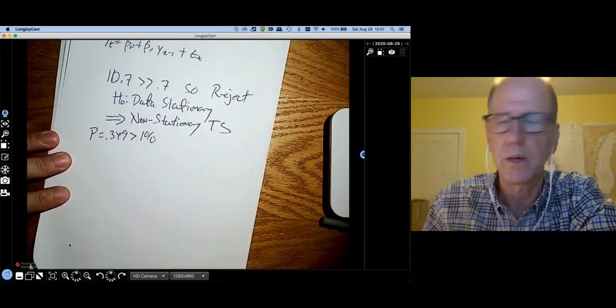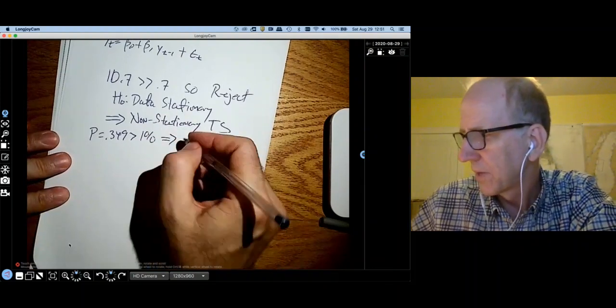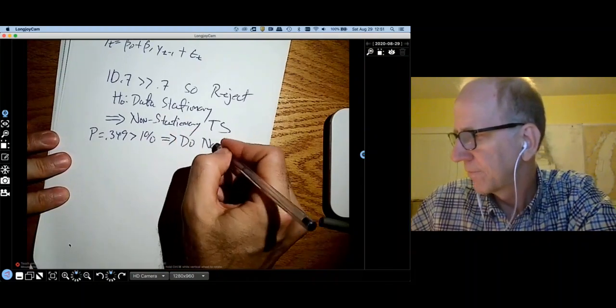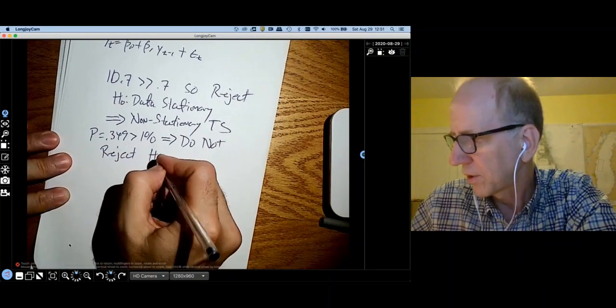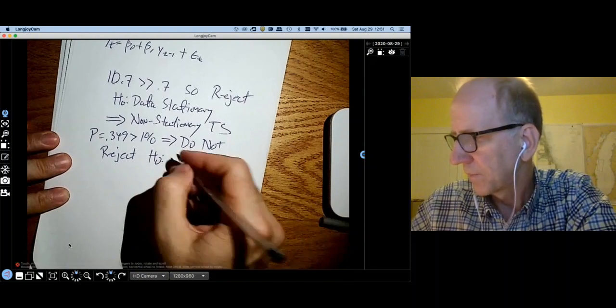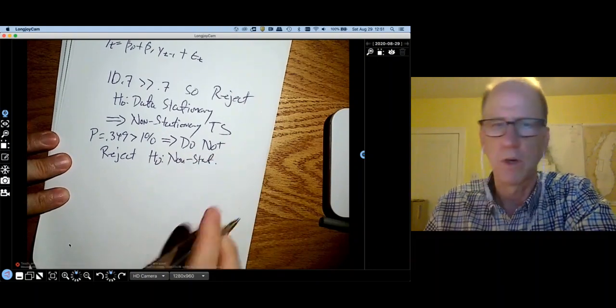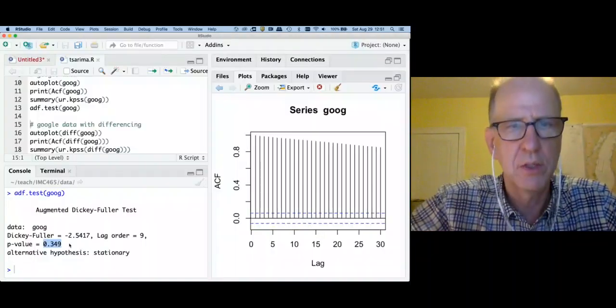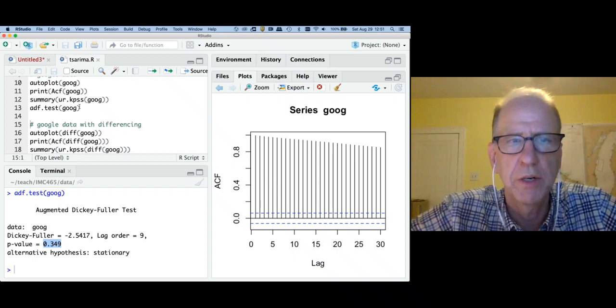We use the 1% cutoff since I used that up here. This is telling us do not reject H naught, non-stationary. So I cannot reject the null hypothesis. Therefore, I would conclude that I probably have some non-stationarity going.